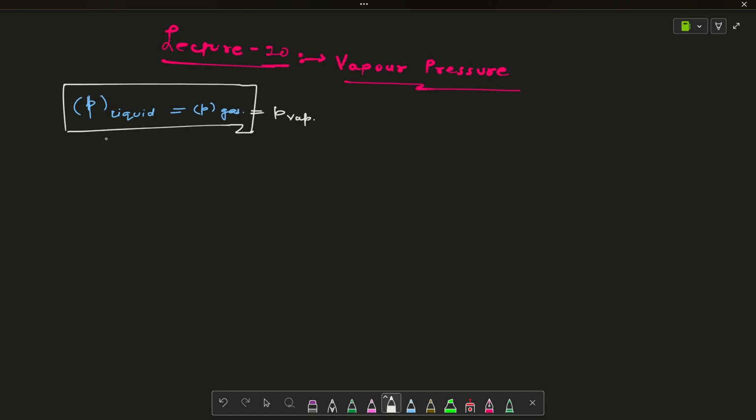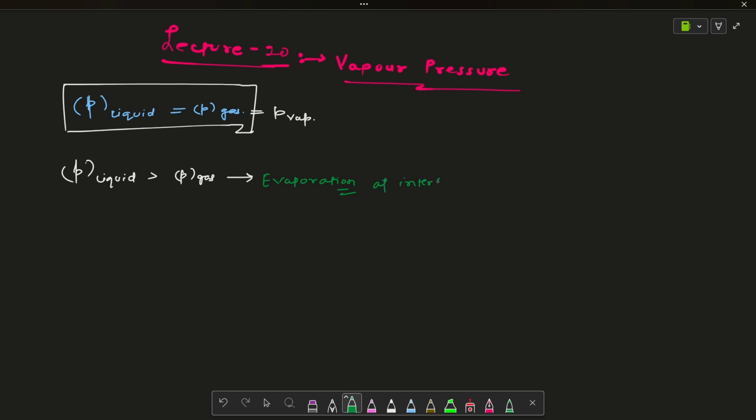Now we have seen that when both are equal, that is known as vapor pressure. What will happen if the pressure of the liquid is greater than the pressure of the gaseous? If that is the case, then we call it evaporation. The exchange between the liquid and the gas is only evaporation, at the interface.